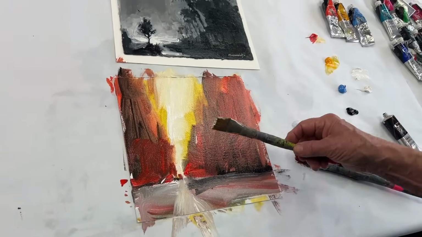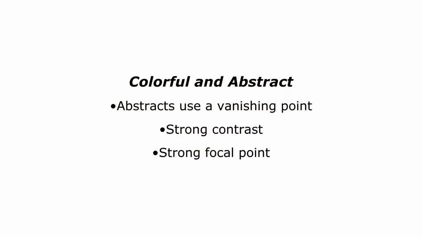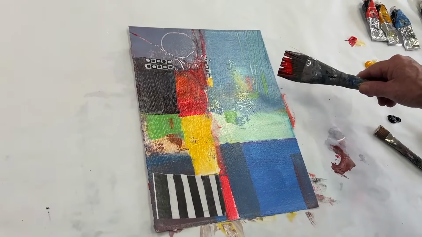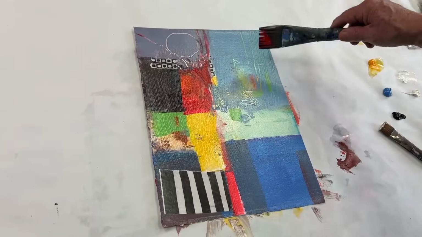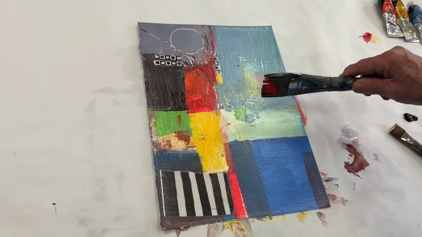But what about when you're doing abstract and not necessarily a landscape? I do the same thing, but only this time with color. So here I am in the middle of an abstract, building an abstract, lots of squares, okay? But I need to make sure that it's the tunnel vision.